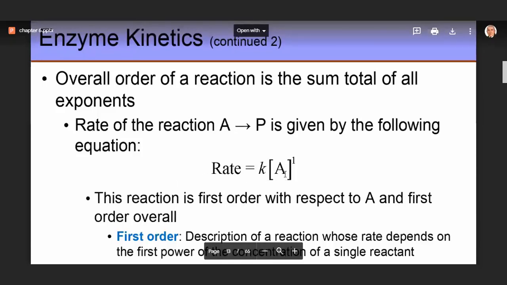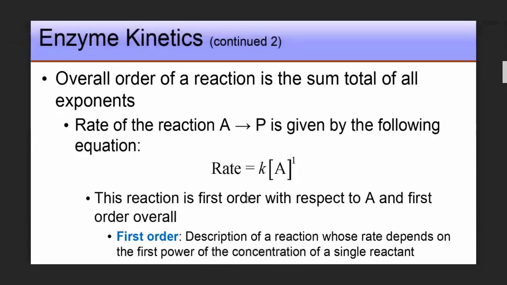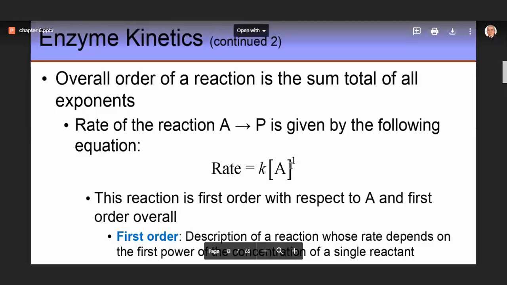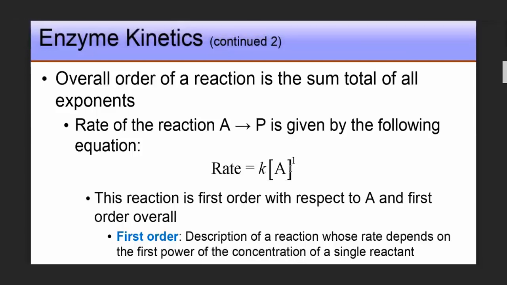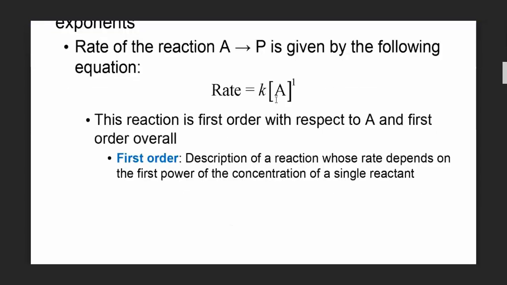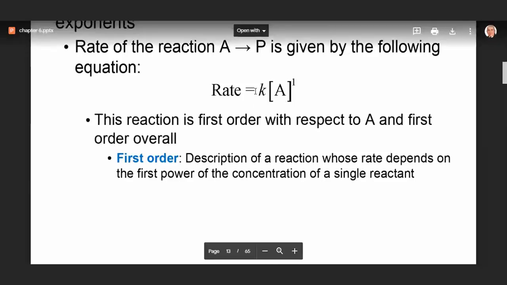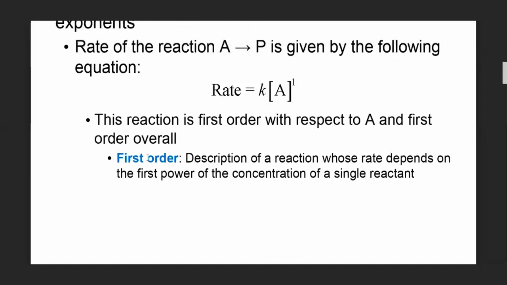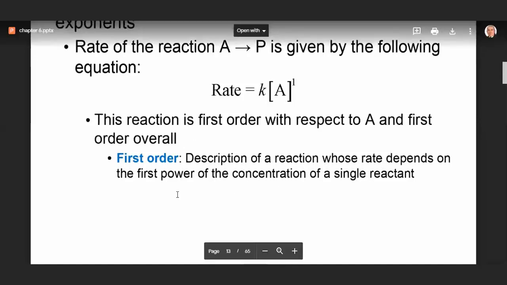Rate equals K times the concentration of A. You see this one here raised to power 1, but usually we do not write 1 because it's understood. So here the reaction is first order with respect to A and first order overall, since we do not have anything except A. First order describes a reaction whose rate depends on the first power of the concentration of a single reactant.